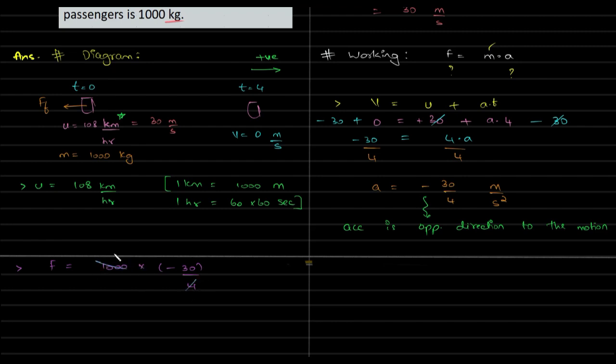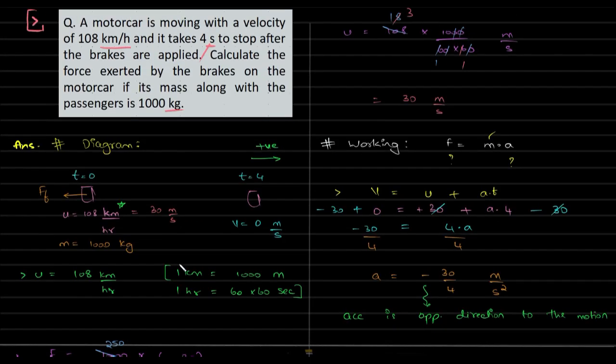Ones this would be 25, 0, right? And now all we have to do is 2 zeros, 75, minus 7500 Newton. This is the amount of force that is required to stop the vehicle within 4 seconds. Right? So this is your answer.